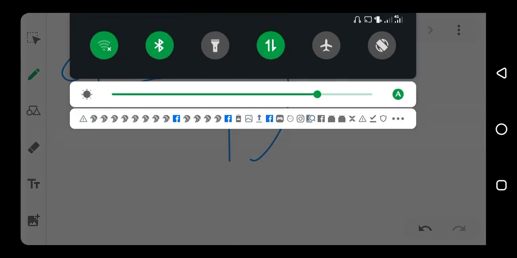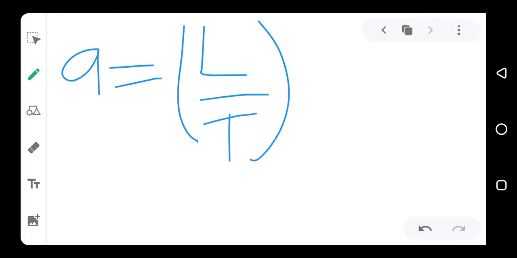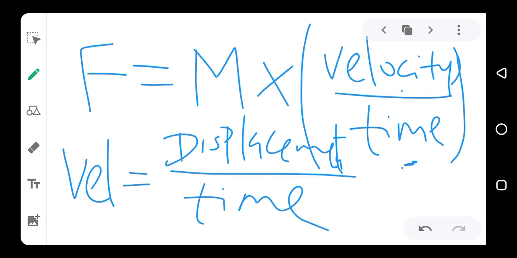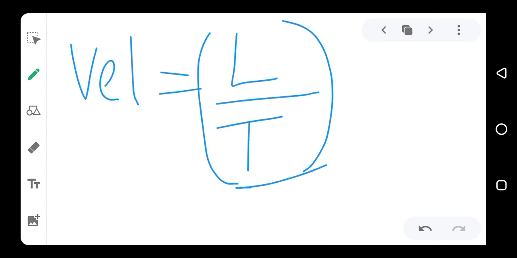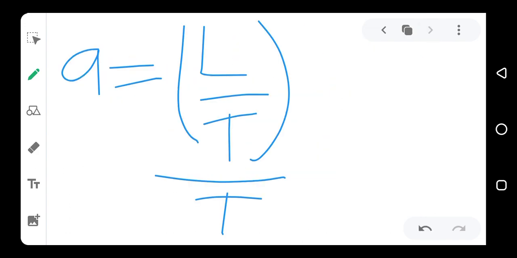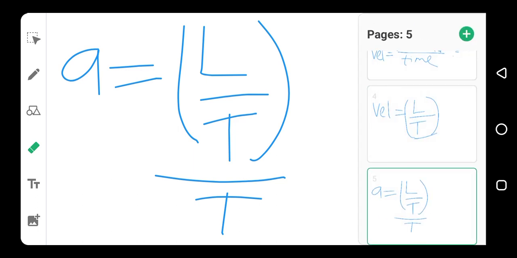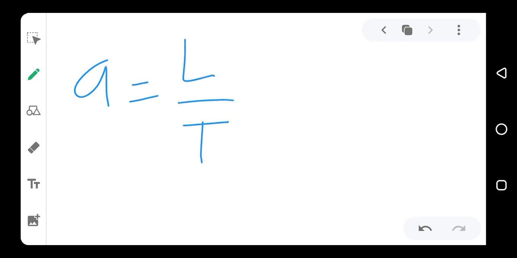This one represents velocity, then everything divided again by time, which is the t here. And so we have that acceleration is equal to L over t divided by t.